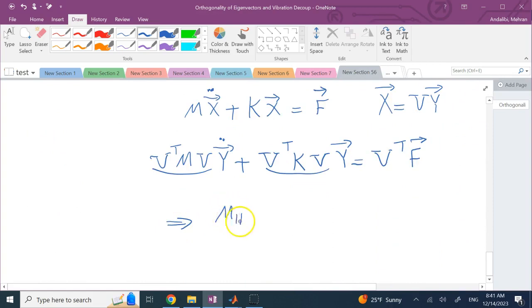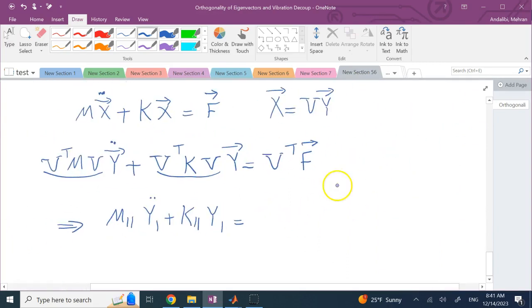So your equations will be something like this. You'll get M11 y1 double dot plus K11 y1 equals... now remember this V was something like V11, V12, or 21, then V12 and V22. There are 4 components in this case. So if you transpose it, these two will be switched.